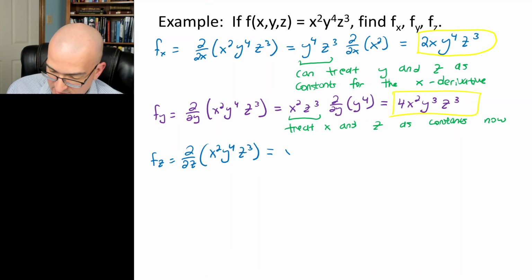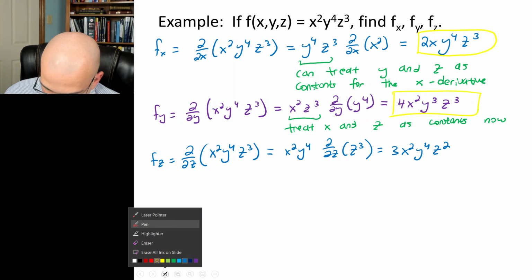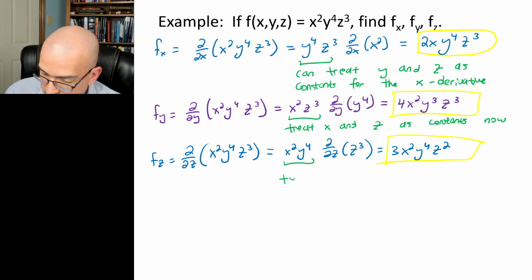So we're going to factor the x squared out and factor the y to the 4 out, and we have the z derivative of z cubed. So 3x squared y to the 4 z squared will be the answer. And we treated x and y as constants.